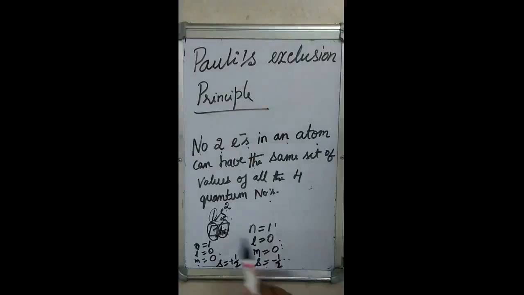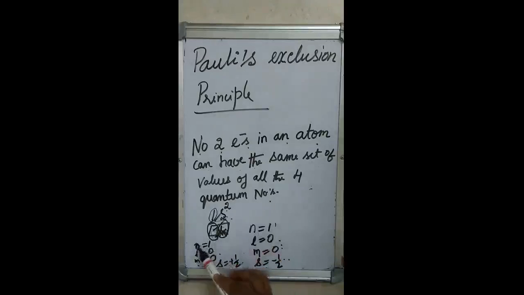That means no two electrons in an atom can have the same set of values of all four quantum numbers. Electrons in an orbital cannot have the same set of values of all four quantum numbers.